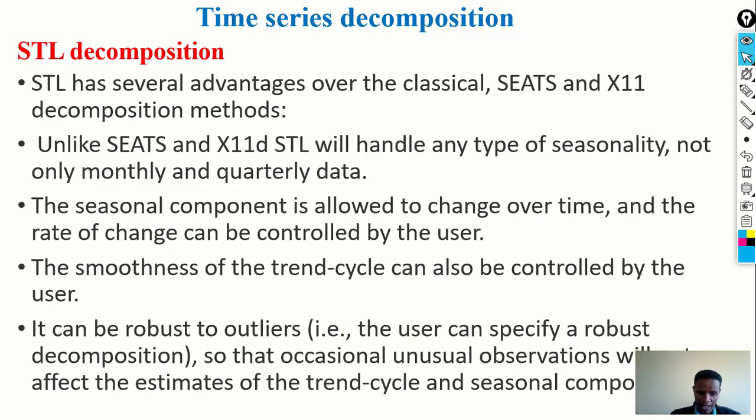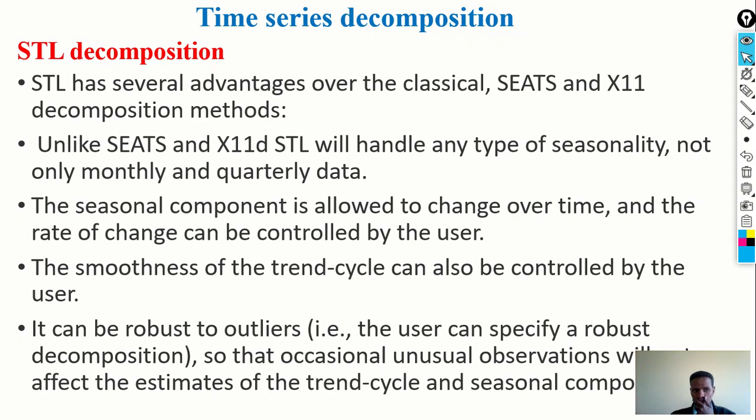It can also be robust to outliers. That means the user can specify a robust decomposition so that occasional unusual observations will not affect the estimate of the trend cycle and the seasonal component. The outliers will not affect the seasonal component and the trend cycle component because the STL decomposition method can handle outliers.